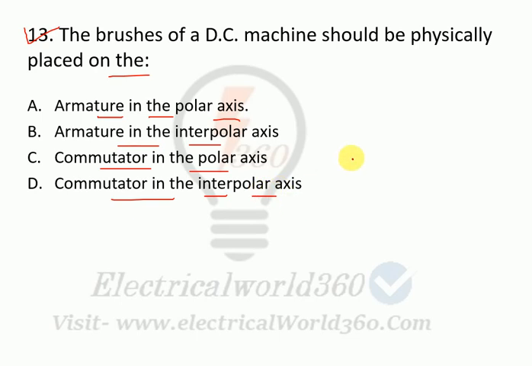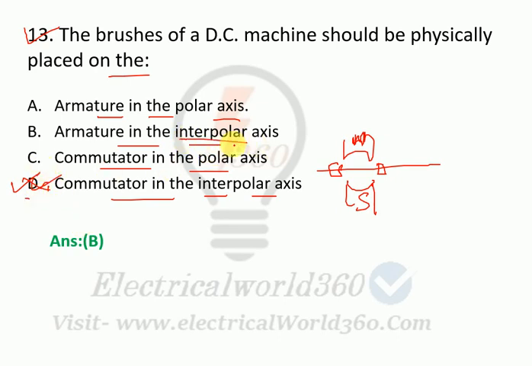Suppose this is the N pole and this is the S pole, and these are the brushes. That means the interpolar axis is the right answer, so option B is right, and option D is the wrong answer.